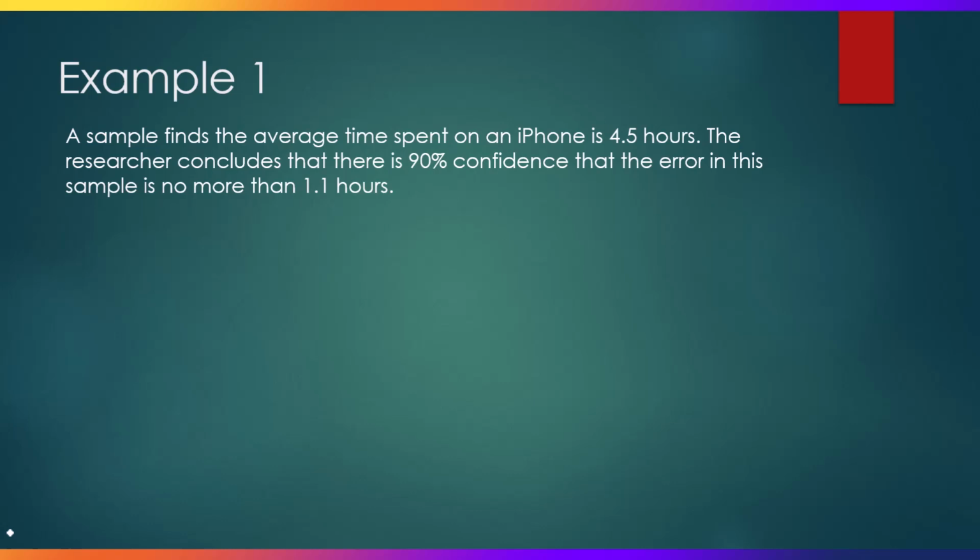And so we have here an average time spent, so that's X bar is 4.5 hours. There's a confidence level of 90% and an error of, what was it, 1.1 hours. So when we're thinking of this as like, here's our spear point estimate right here, and this is our error range, the net we're casting is within 1.1 hours.